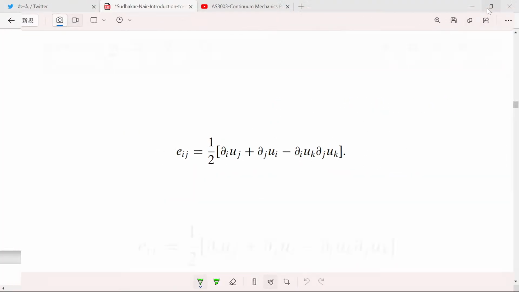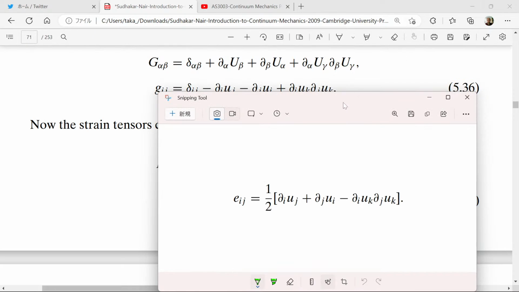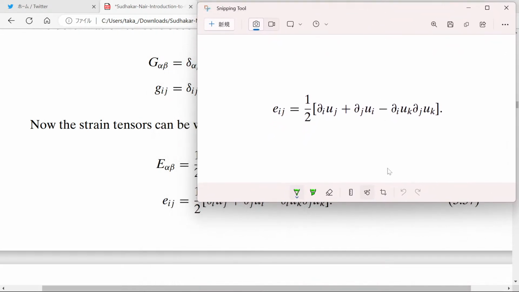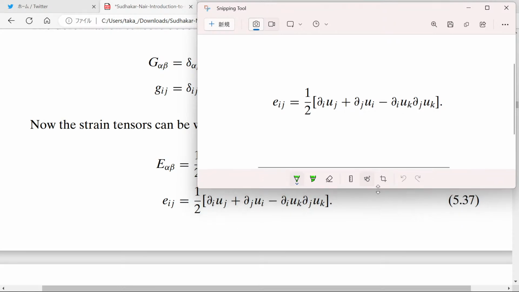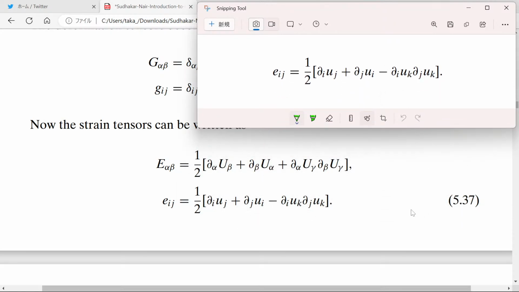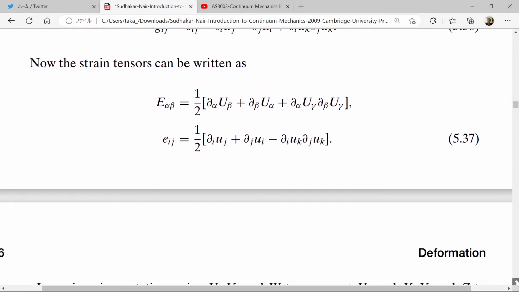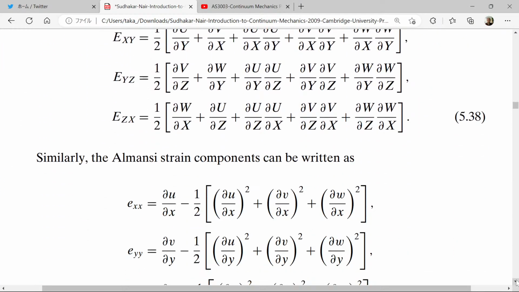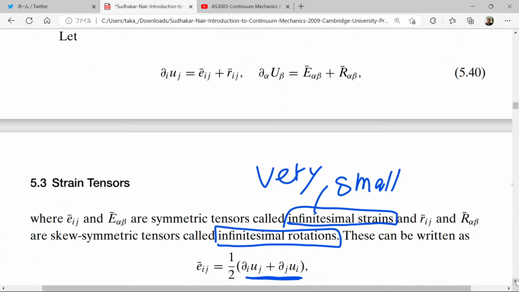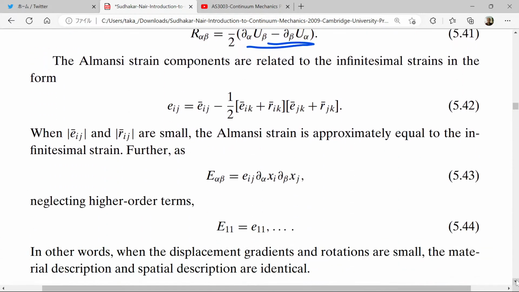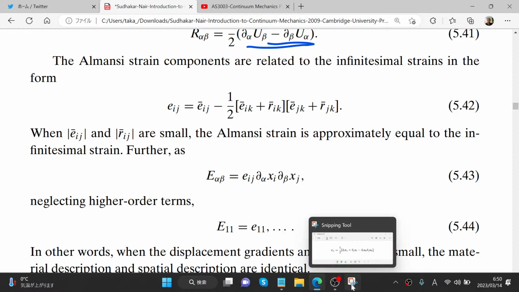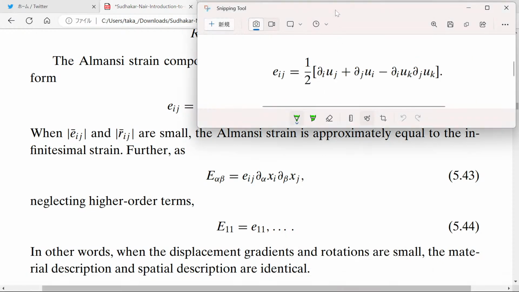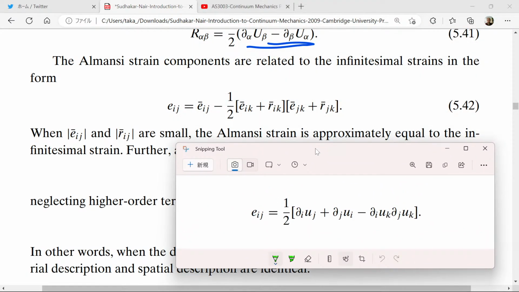Oh my god. Turn this function off somehow. Don't know how to do it. So how do you get it from here? Maybe not so difficult.